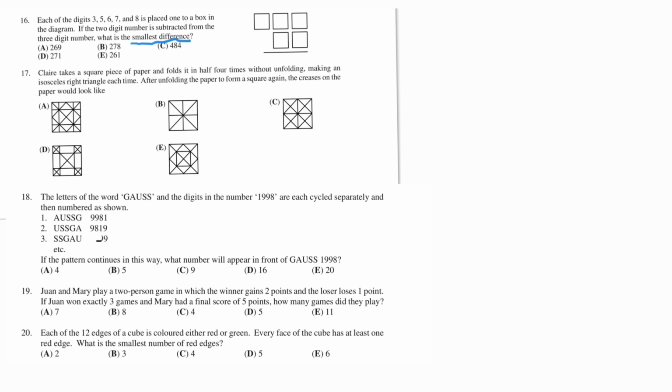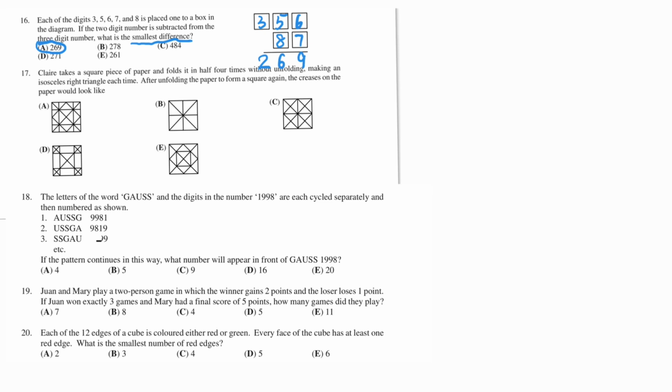They ask for the smallest difference, which means we use the smallest 3-digit number and subtract the largest 2-digit number. The 3-digit number will be 356, and the largest 2-digit number will be 87. So the answer is 269. That would be choice A.